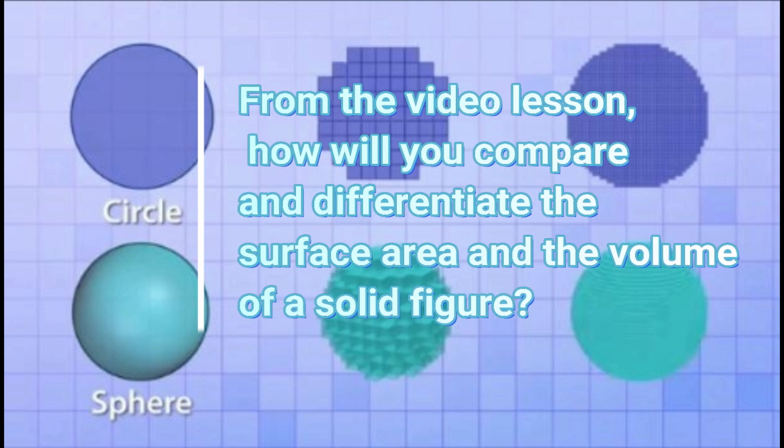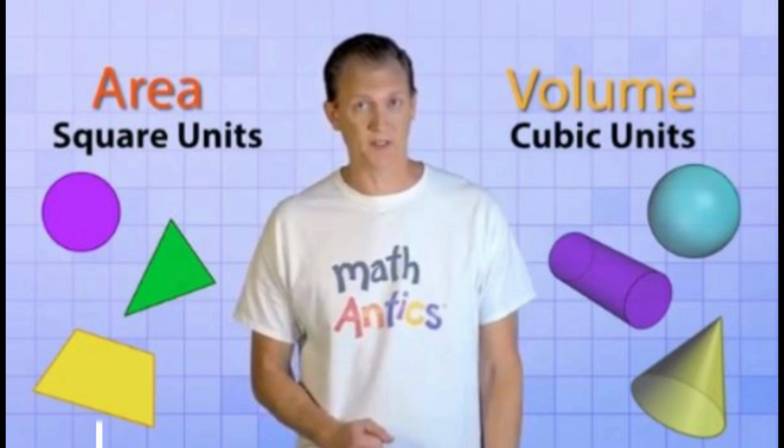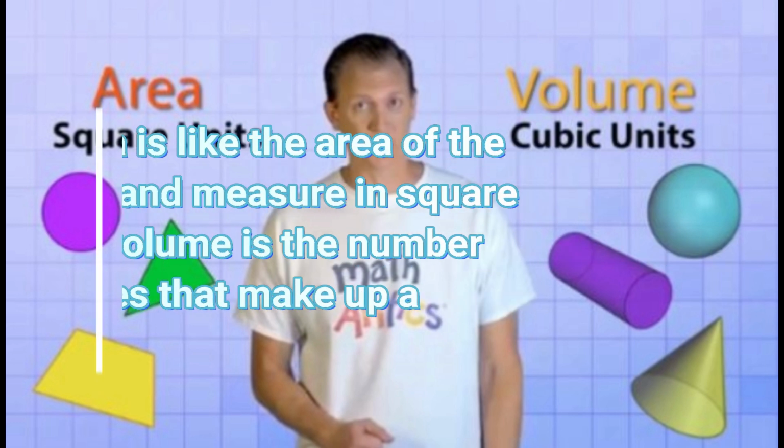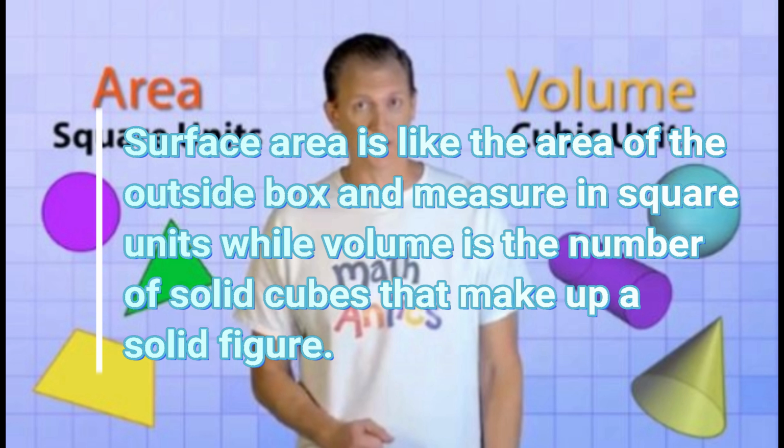To understand the video lesson, answer the question: how will you compare and differentiate the surface area and the volume of a solid figure? Finding the surface area of a solid figure is like finding how much wrapping paper is required to cover the solid.